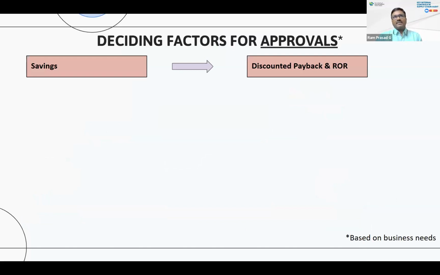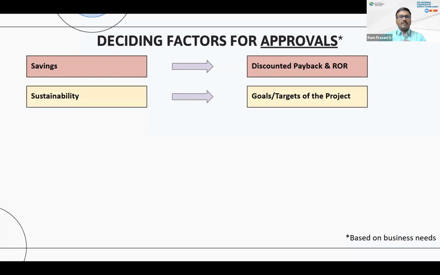Here we look at our investment and the average savings over a period of time, and on the basis of the present value of money, we see by what period the amount of money invested comes back to the organization. So if there is a savings project, we look at this particular area. This is a deciding factor for approving a particular project.